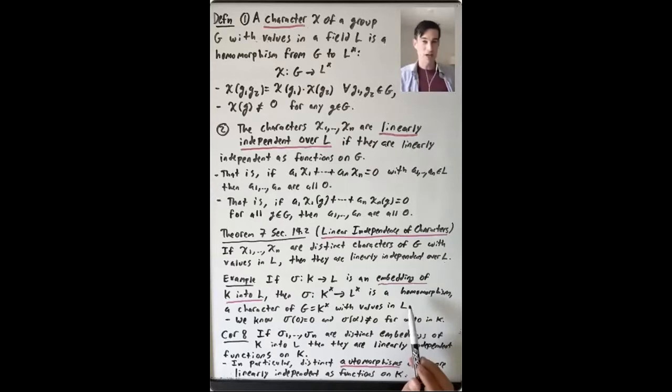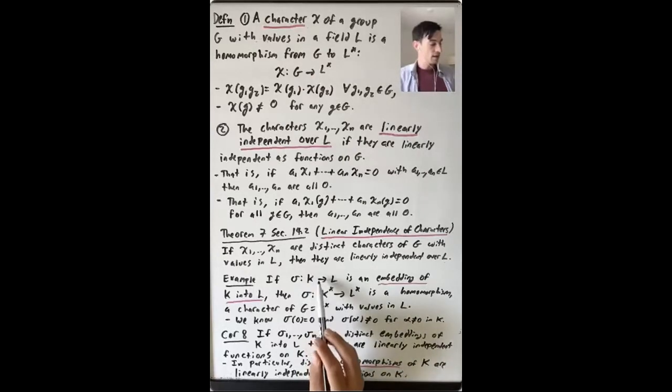Just to check, we have this homomorphism from K star into L star. How do we know that that actually is what happens? Well, we know that sigma sends 0 to 0, but sigma doesn't send anything else to 0, because part of the definition of an embedding is that this is an injective homomorphism.